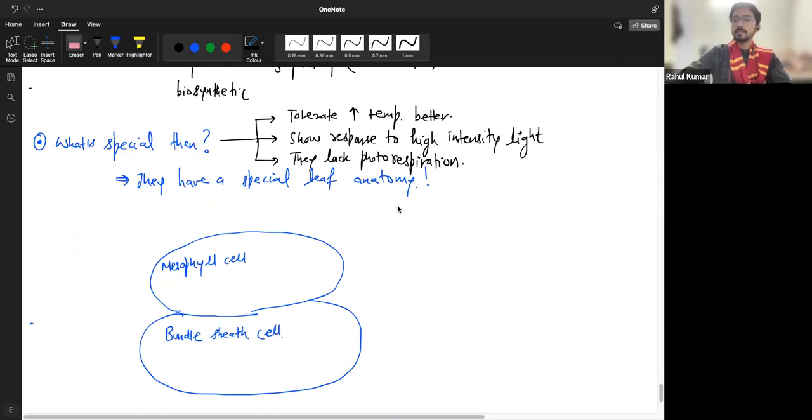But let's focus for now on this leaf anatomy.